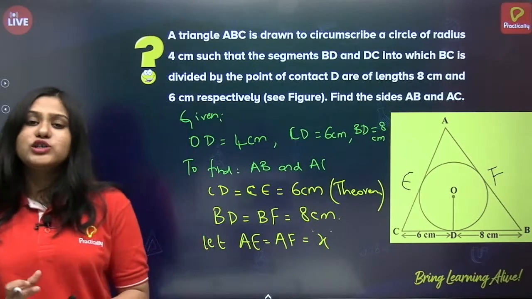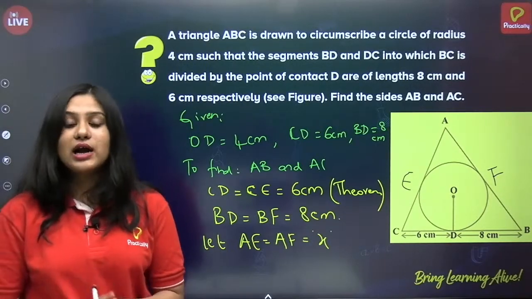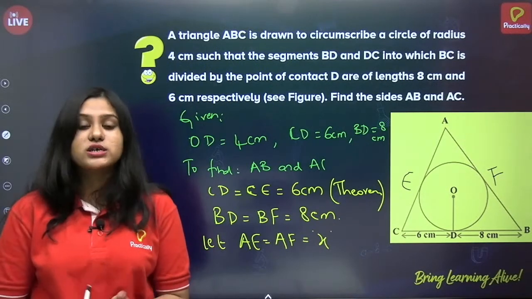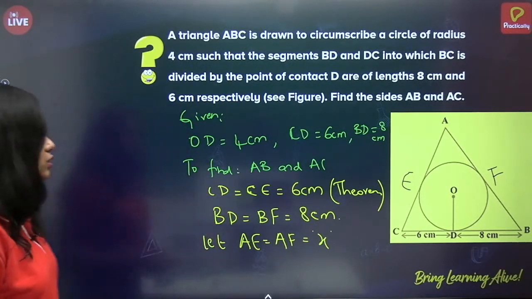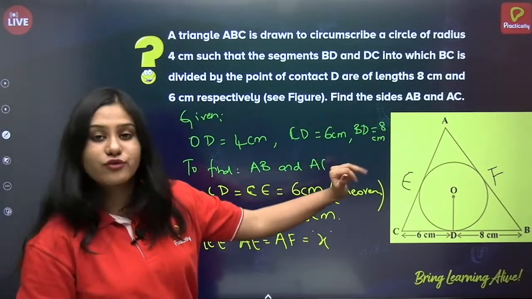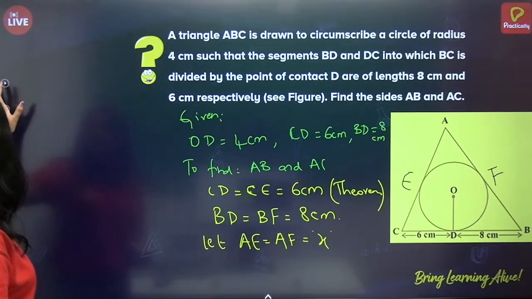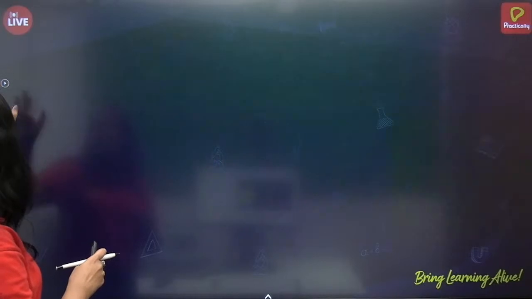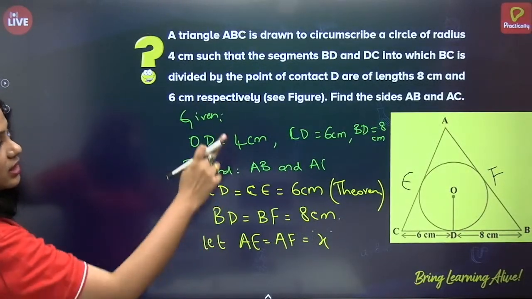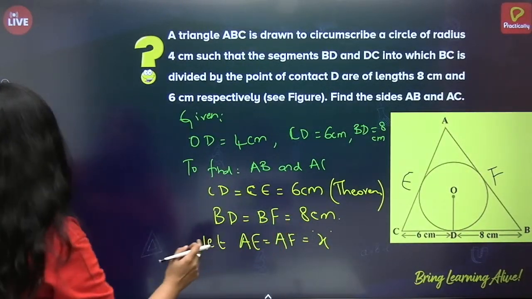Now, how do we generally find the area of a triangle where the altitude is not mentioned? We use Heron's formula, correct? So let us use Heron's formula and find the area of triangle ABC, okay? For that, AB is equal to, what is the AB length? x plus 8, correct?